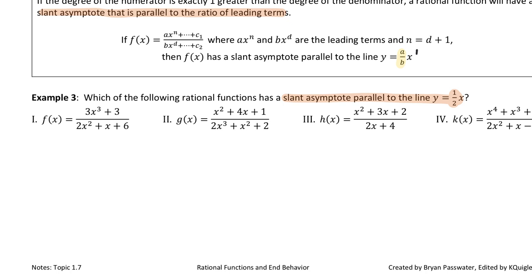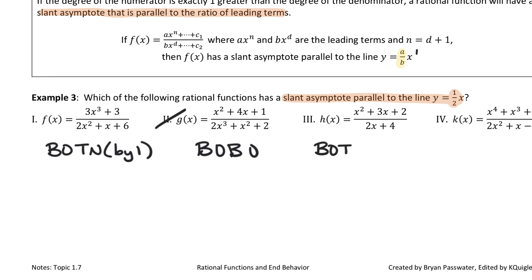For letter 1, this is bigger on top by how many? By 1. Okay, we keep that one. How about number 2? Bigger on top, bigger on bottom, or the same? Bigger on bottom. All right, not going to have a slant asymptote. Goodbye. What about number 3? Bigger on top, and by how many?